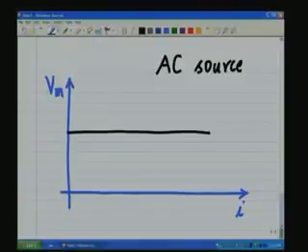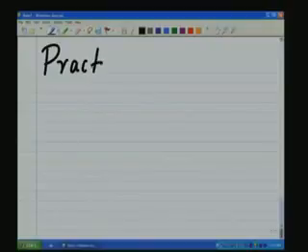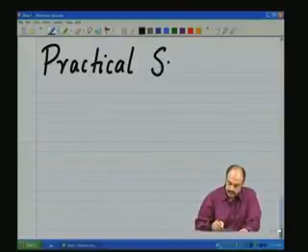So now we will discuss some practical sources. What is different in a practical source as compared to the ideal source?